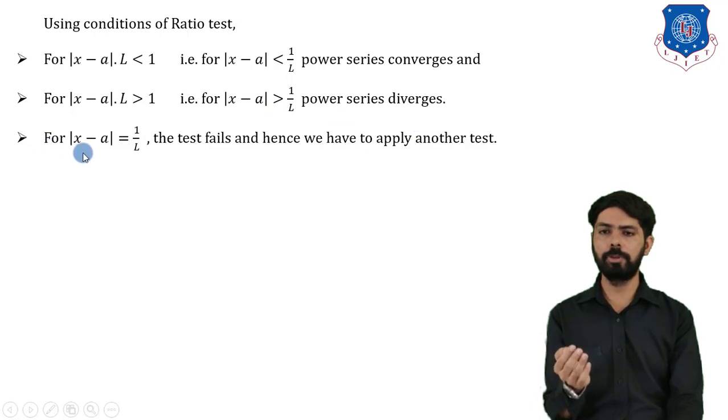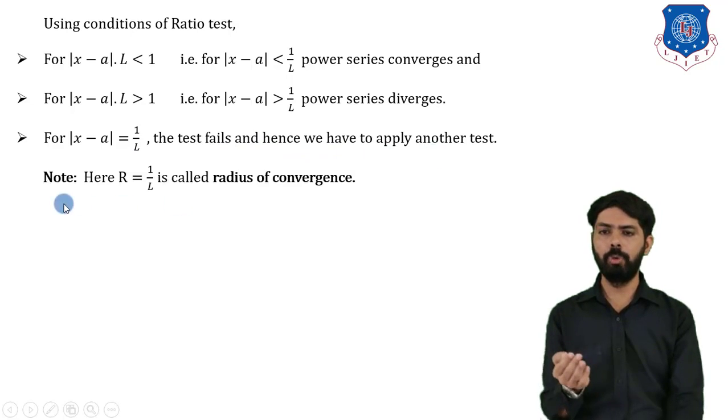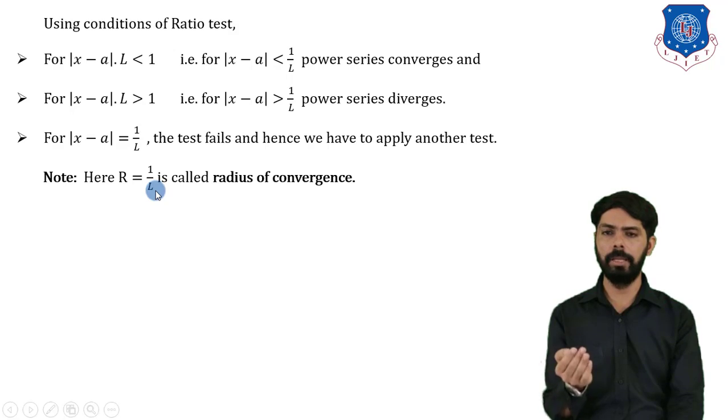For modulus of x minus a equal to 1 divided by L, the test fails, and hence we have to apply another test. Note that here capital R equal to 1 divided by L is called the radius of convergence.